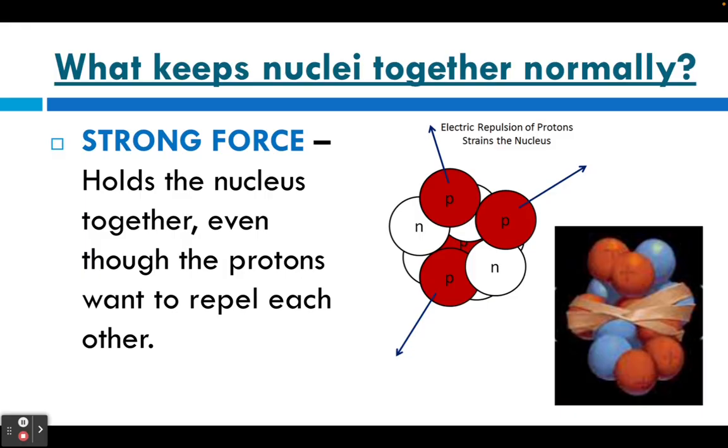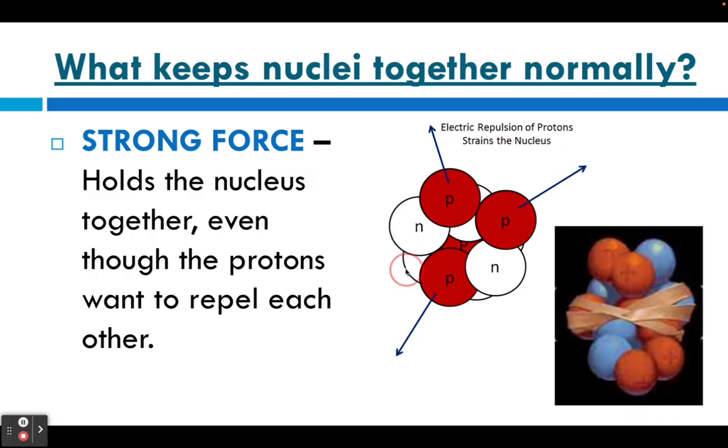We know that opposites attract, but we know that the same charges repel. So why aren't the protons repelling each other? Well, this is because of the strong force.